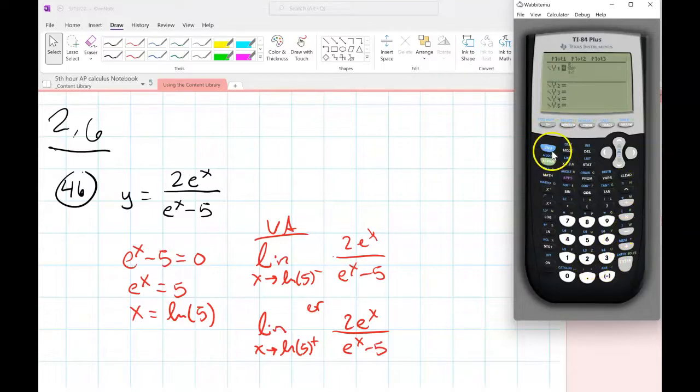So 2e to the x over e to the x minus 5. And then we'll just look at that on the standard window. So I'll do zoom standard on that.